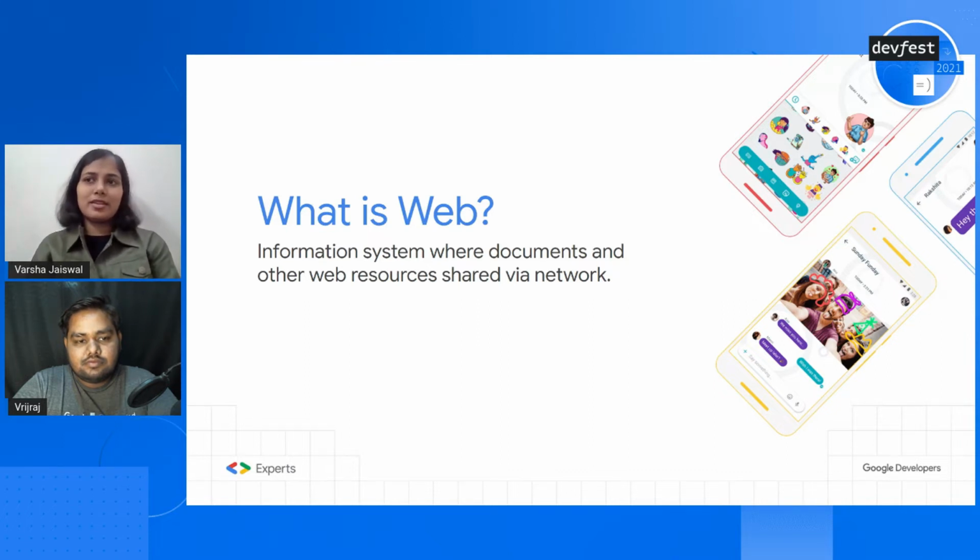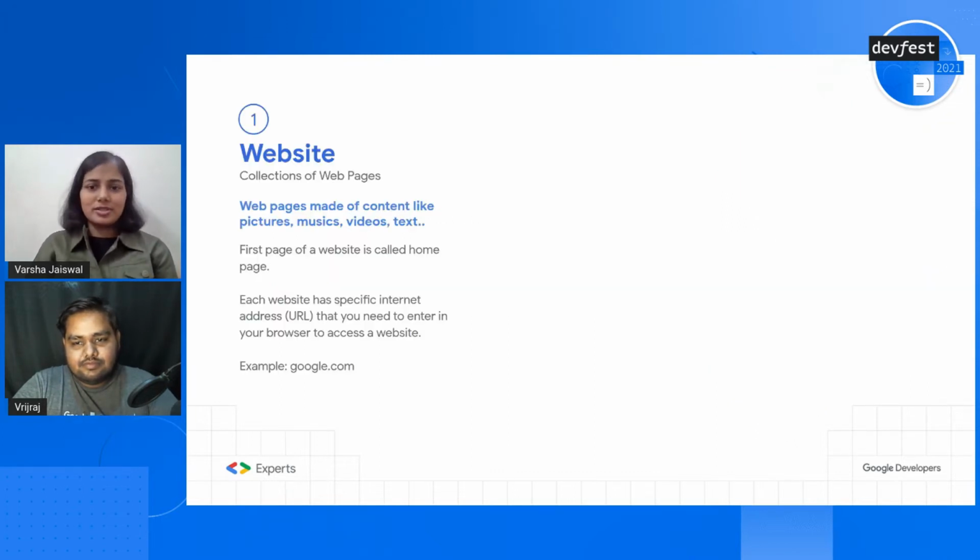So, web actually consists of three things. It's not only about a website. It consists of website, browser, and then server. A website is a collection of web pages with a particular set of information which a user is looking for. It's a combination of content which can have images, videos, text, or various other things.